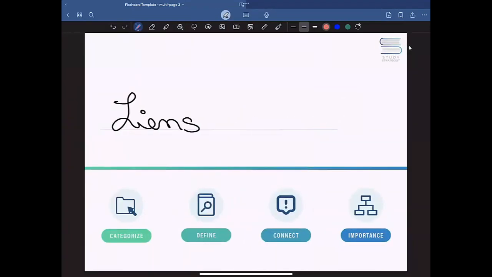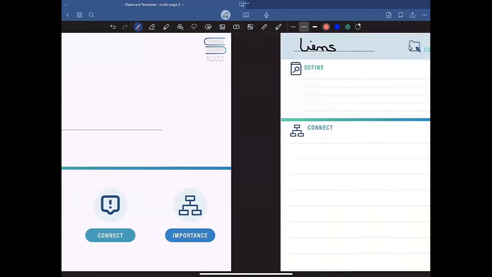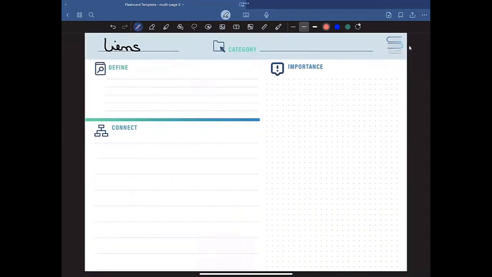Ooh, here's a good one. Liens. Do you know what category we would put this into? Liens have to do with money, also with encumbrances. So I'm going to go with land use and regulations.